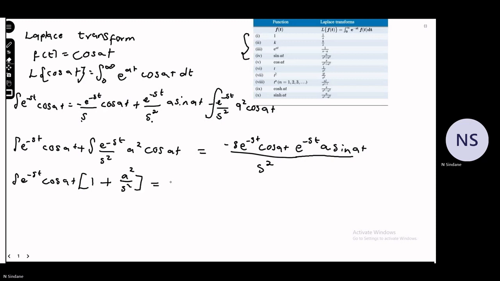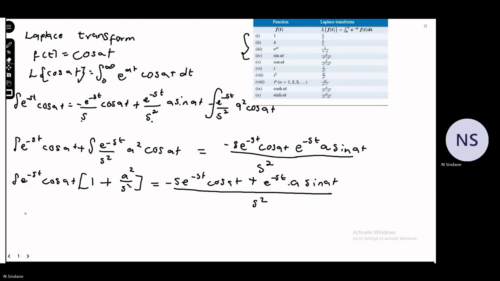This is equivalent to minus s e to the power minus st cos of at plus e to the power minus st multiplied by a sine of at, all over s squared.